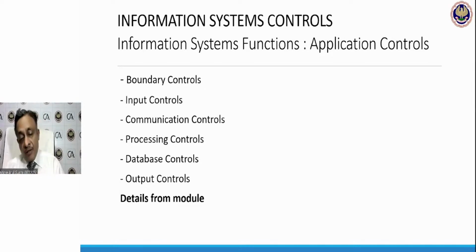Communication controls are about the communication channels needing to perform properly. Processing controls relate to when the data that is input in the system is being processed to create information or value addition. So the controls which work at the processing aspect are process controls. Then database controls, where data is kept preserved. So controls which are used at database level are database controls.